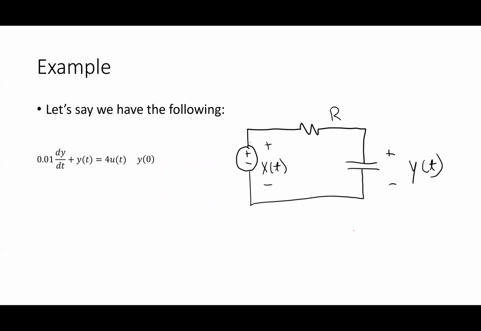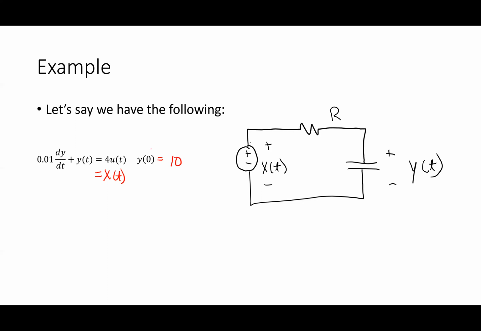So let's apply that to a real example and see how we can use it to solve, right? So I've got an RC circuit here. Now, I've said that my input is 4u of t. So that's my x of t. And y of 0, I didn't put the number here, but in my example, I used 10. So I say it starts at 10.